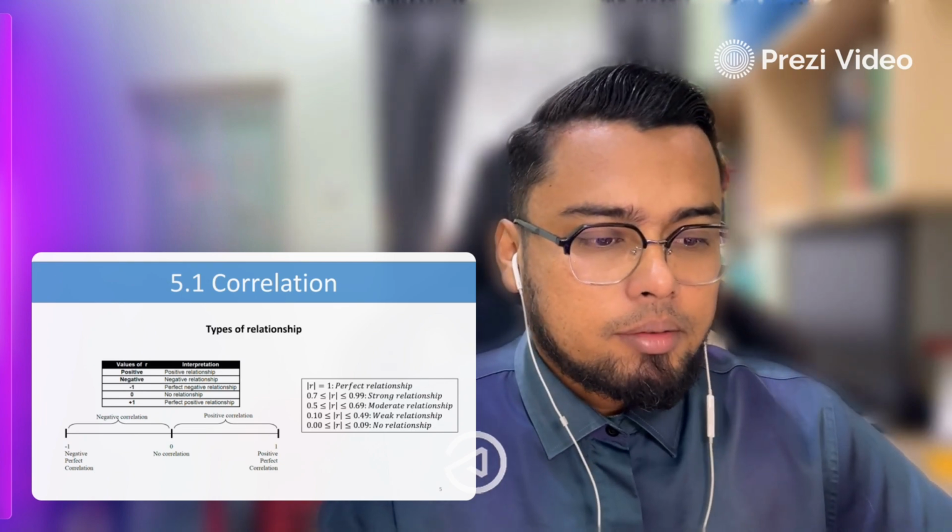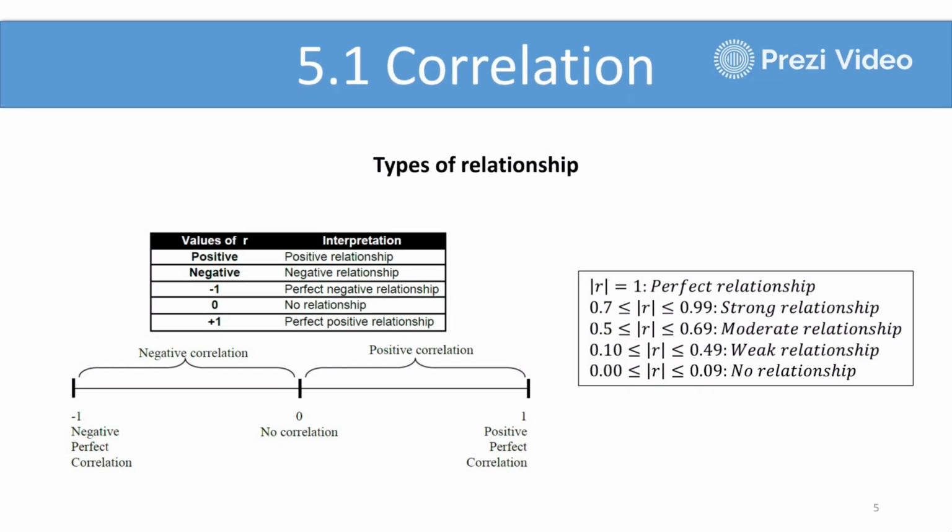It has a range from negative perfect correlation to positive perfect correlation. The minimum after you calculate your correlation coefficient is -1. The maximum value that you can obtain is +1. It cannot go beyond that range.